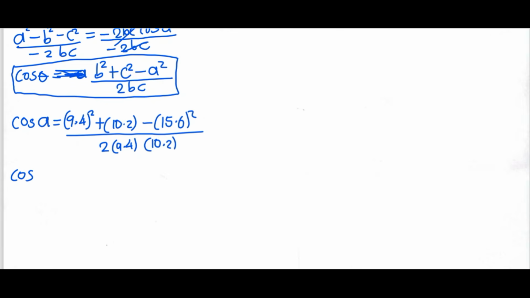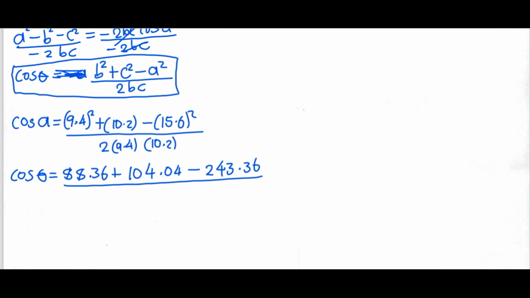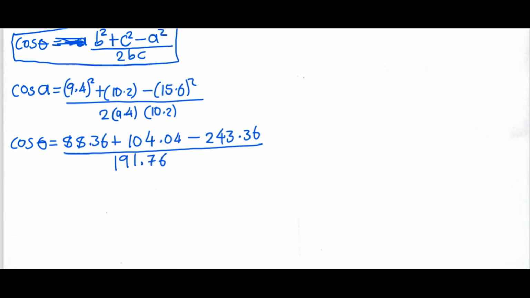Okay, so now let's do the mathematics here. 9.4 times 9.4, I'm getting 88.36, plus 10.2 times 10.2, I'm getting 104.04, minus 15.6 times 15.6, I'm getting 243.36, over 2 times 9.4 times 10.2, I'm getting 191.76.